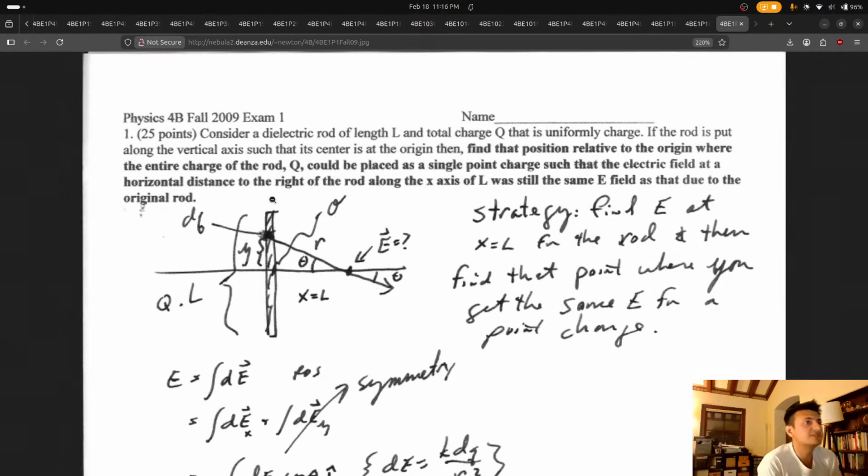Find the position relative to the origin where the entire charge of the rod Q could be placed as a single point charge, such that the electric field at a horizontal distance to the right of the rod.